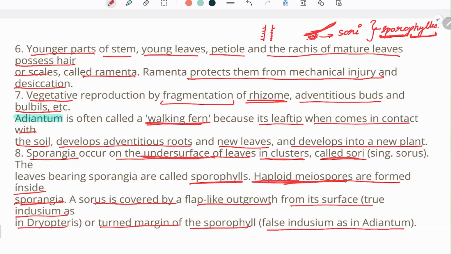The sorus may be covered by a flap-like outgrowth from its surface, a true cap, as in the case of Pteris. But when the torn margin of the sporophyll is covering the sori, it is a false cap, as in the case of Adiantum.